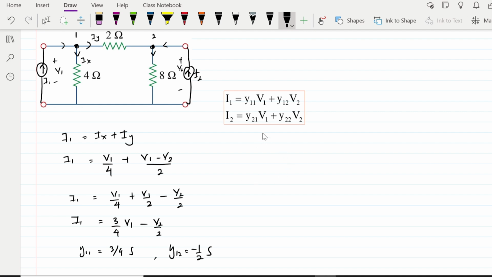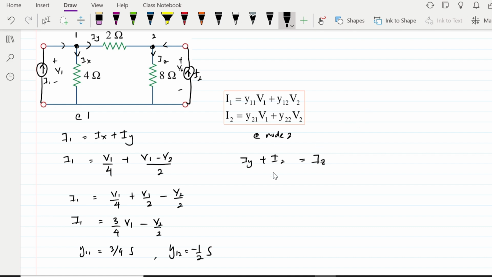And that was at node 1. At node 2, I can write the equation with two currents going inside. One is Iy, another one is I2, and going outside from the node is, I can label this one as Iz, right?